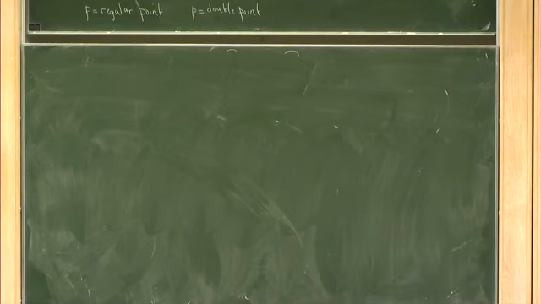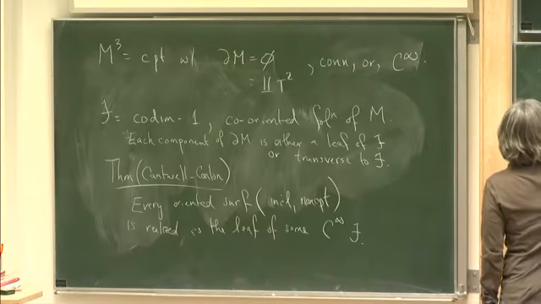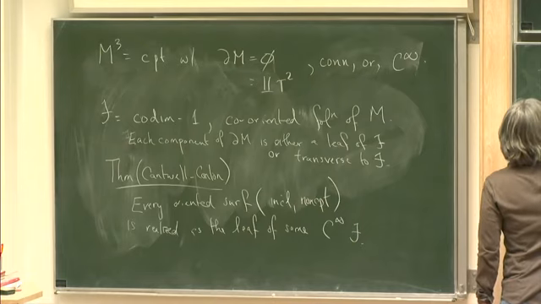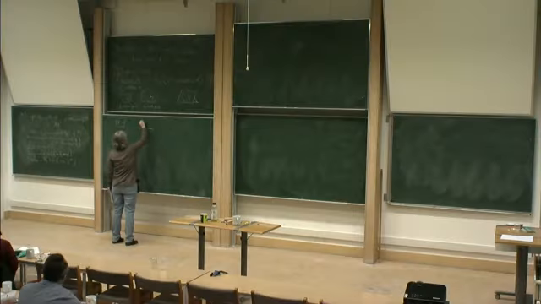Today we're insisting that our boundary components be T2s, and we're insisting that each component of boundary M is either a leaf or it's transverse to F. So we want to allow ourselves boundary manifold points, and we want to allow ourselves boundary double points.